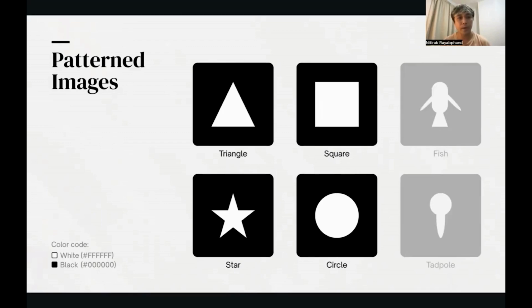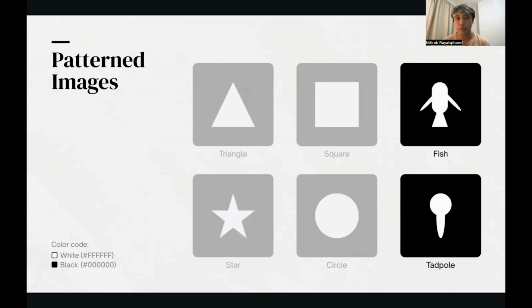For the simple microstructures, we use geometric shapes such as triangle, square, star, and circle as a pattern image. And for the complex structures, we use the fish-like and the tadpole-like as a pattern image.